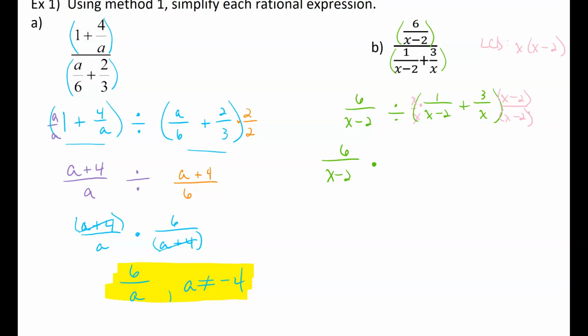So now I'll have the common denominator. I have 1 times x over here, so that'll be x. And then once I distribute this through, that'll be plus 3x minus 6. And all of it is over x times x minus 2.